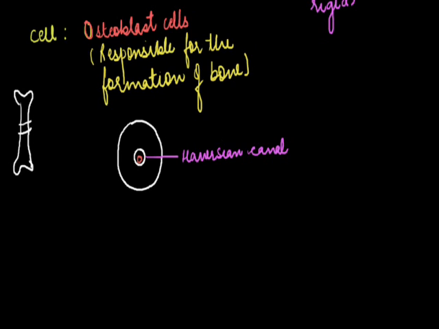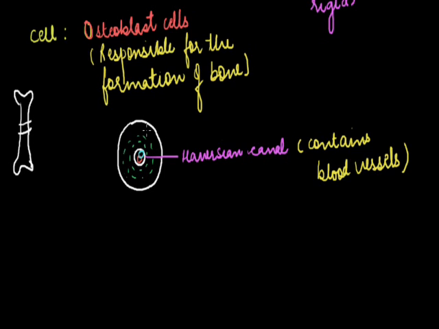This canal contains blood vessels. Now around the Haversian canal there is the presence of matrix, and the matrix is present in the form of concentric rings, arranged in a circular pattern.